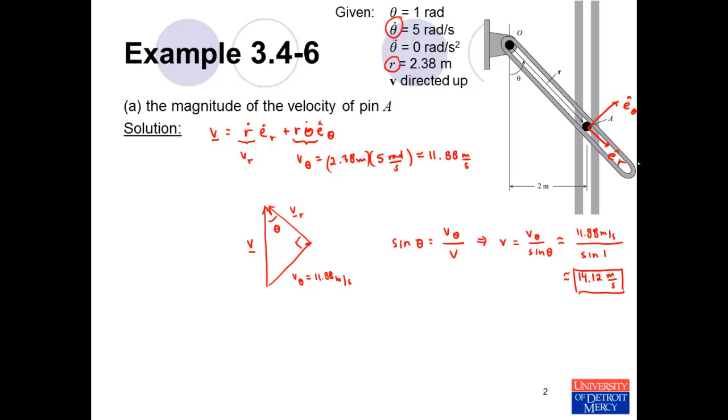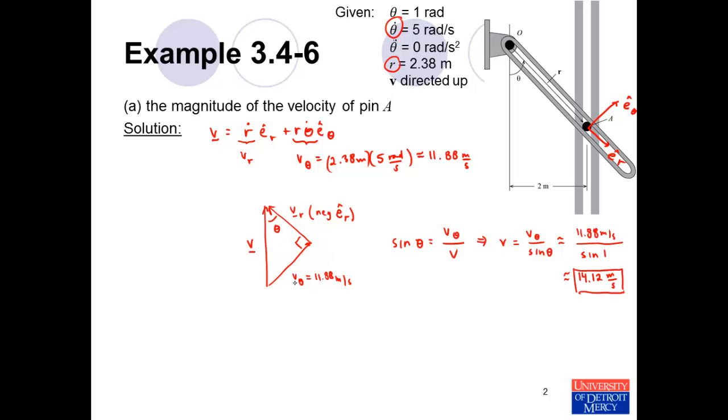One thing to notice is that this component is in the negative radial direction. The radial direction is positive away from the origin O, and this is towards the origin O. So just note it's in the negative e_r direction. Again, using geometry, we could use the hypotenuse, but we don't have to.